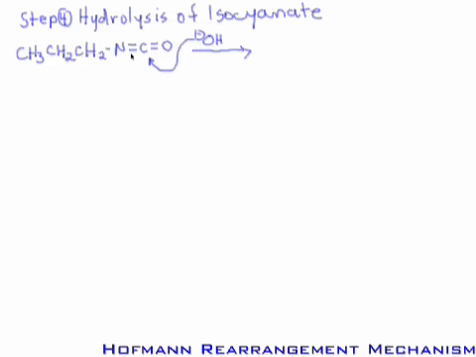We move a set of pi electrons out onto the nitrogen, and we produce CH3, CH2, CH2, let you see the lone pairs.